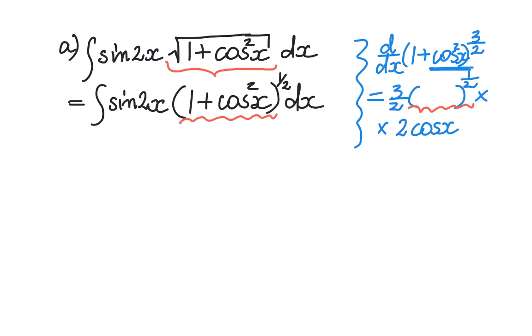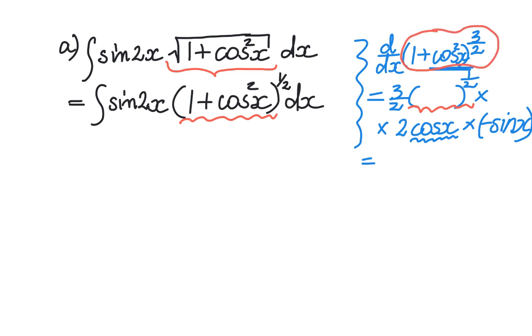Is that the end? No, it's not, because the derivative of cos is negative sine of x, which I cannot forget about.